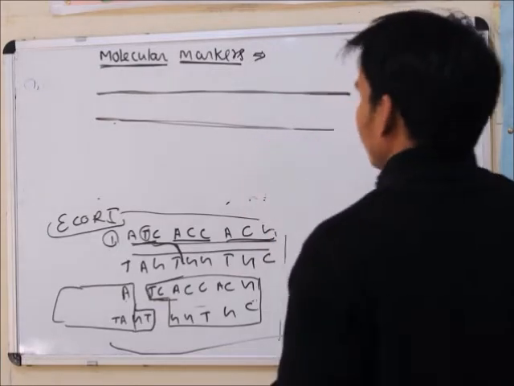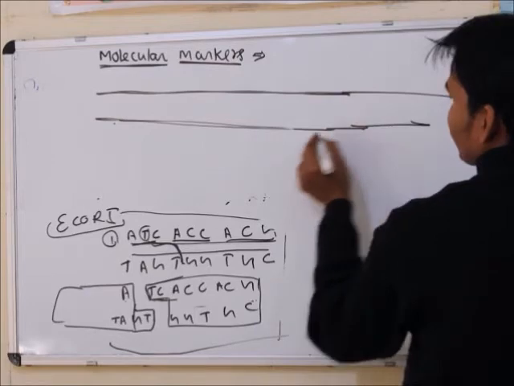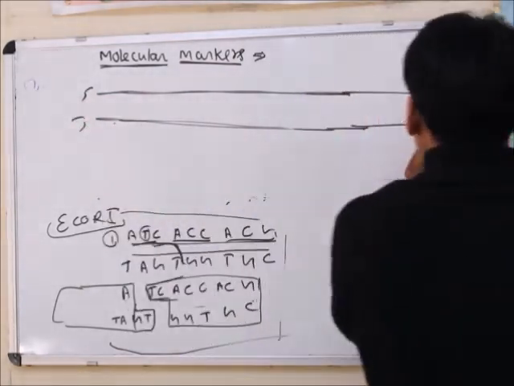Why? Suppose this is the DNA sequence, 5' and 3' and 5'.